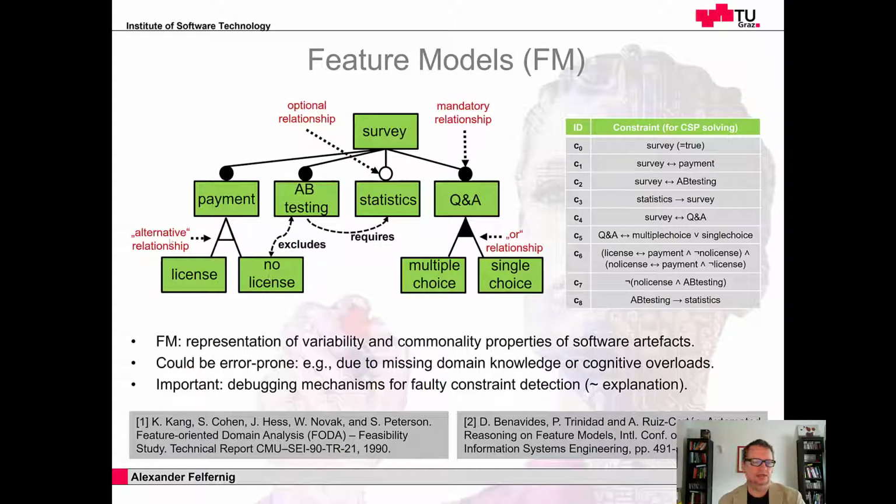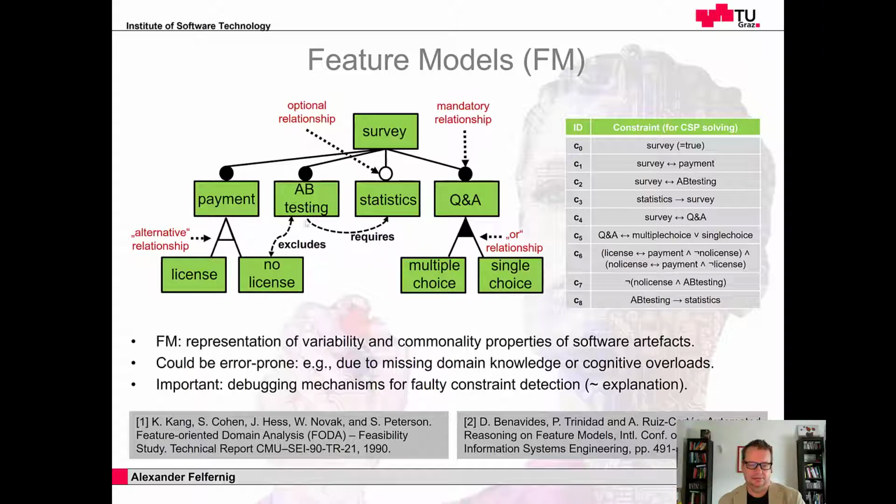In addition to those basic relationships, we have so-called cross-tree constraints. Excludes means that these two features must not be combined in a configuration. So this is not possible, so these two features exclude each other.